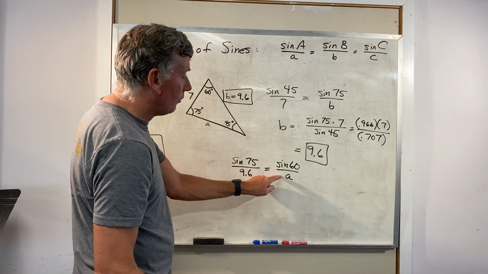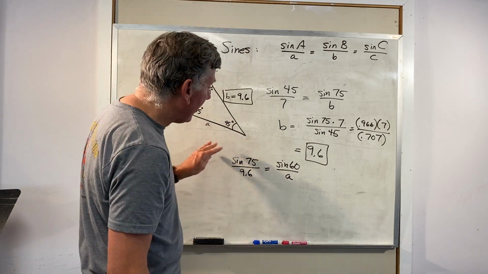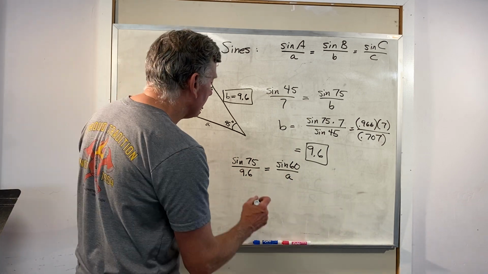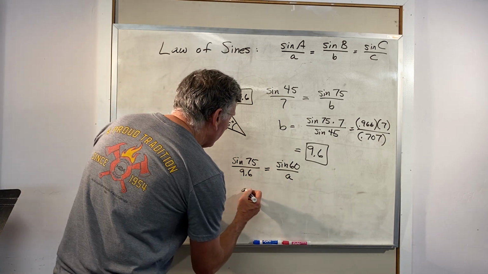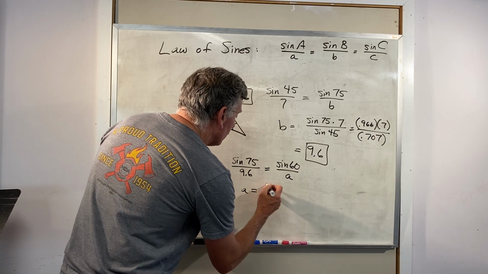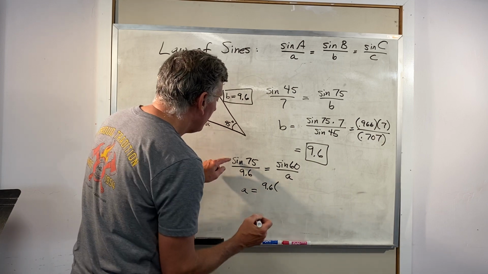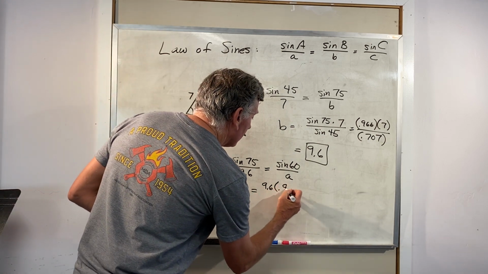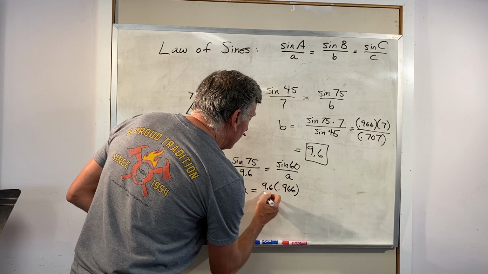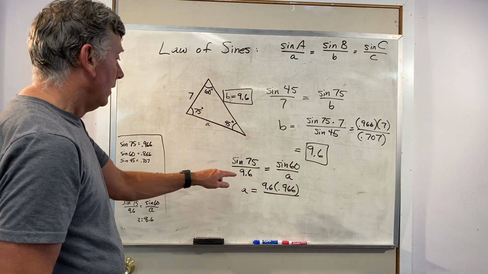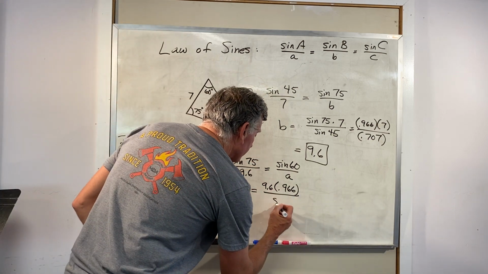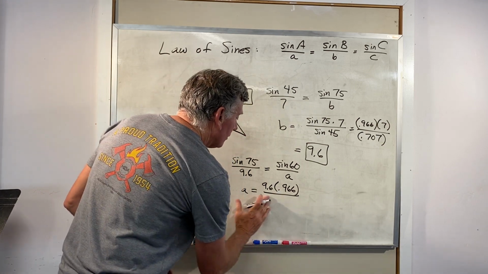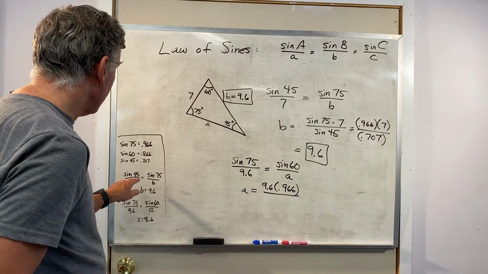Rewriting it, flipping things around, multiplying by A, dividing by sine of 75, multiplying by 9.6, getting everything over to the other side. I get A is equal to 9.6 times the sine of 75, which I know would be 0.966, divided by sine of 60, which I know to be 0.866.